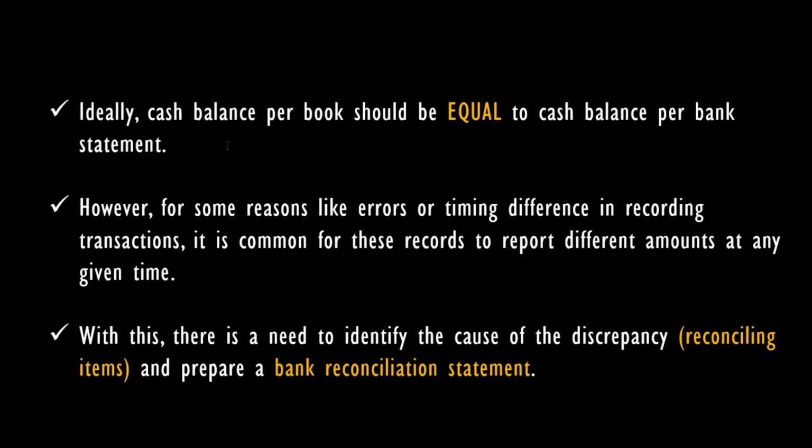Kasi nga, mirror lang yung bank account mo sa iyong cash in bank na record ng company. Okay? However, for some reasons like errors in recording, kung nagkamali yung isang party, for example, yung entity, or nagkamali yung bank, of course, hindi na magre-reconcile or hindi na mag-equal yung amount na i-report ng bangko sa amount na i-report ng entity.